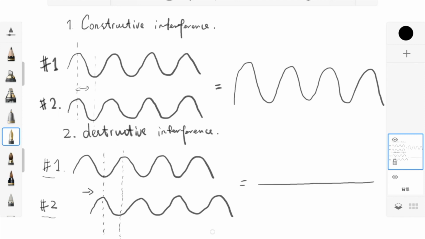Because the peak plus the valley, and the valley plus the peak, one is negative and one is positive, they cancel. Finally, we get a straight line. So this is the bright fringe, and this means the dark fringe.